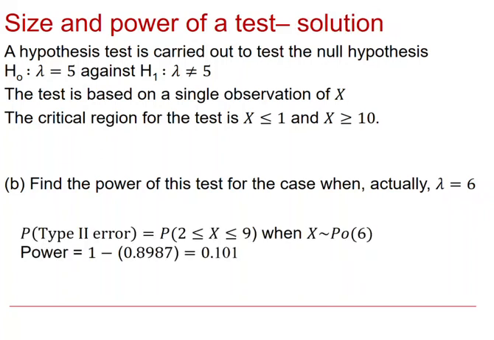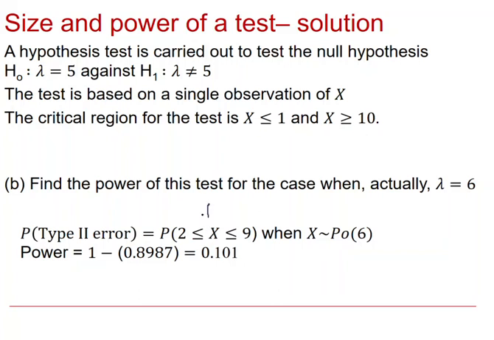If we simply work out power using the definition of 1 minus the probability of a type 2 error, we require the probability that we accept the null hypothesis, and we know our critical regions are 0, 1 and 10 and above.